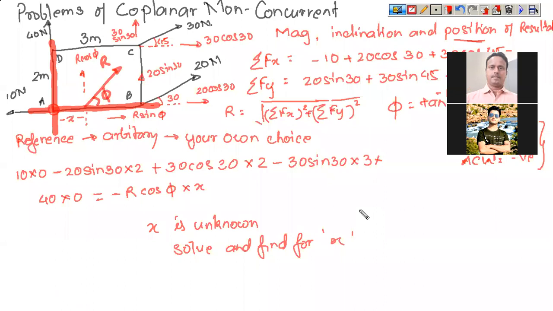If I choose from B, let us say the value of x comes out to be 1.2 meters positive from A. If you had chosen the location from point B, it would have come out to be minus 1.8 meters, or, if you consider this distance to be positive, let us say at the time of selection you said that values to the left of B will be taken as positive, then your value should come out to be 1.8, because the location of the resultant will not alter irrespective of whatever position you choose. Okay, so you go through it.